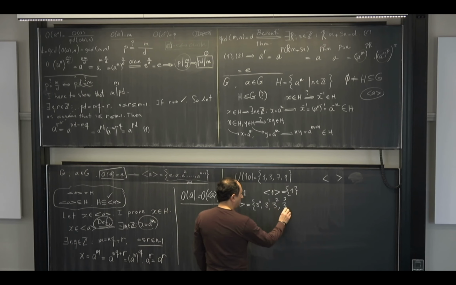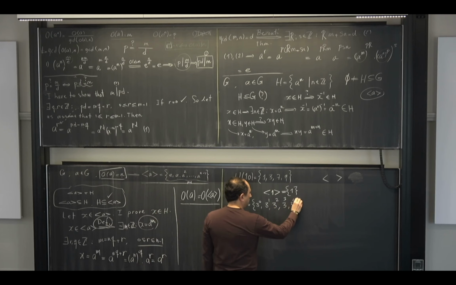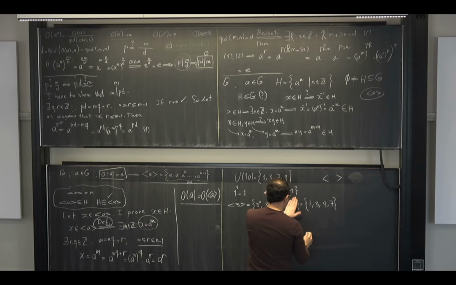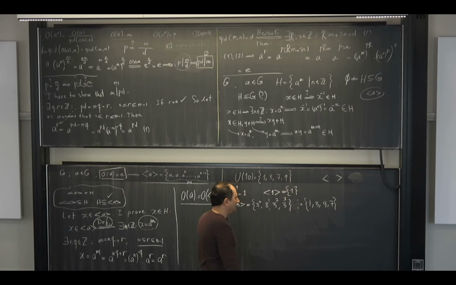Then 3 to power 4 is 1 again, and that's the end of the story. Suddenly you see that the whole group is generated, because the order doesn't matter.